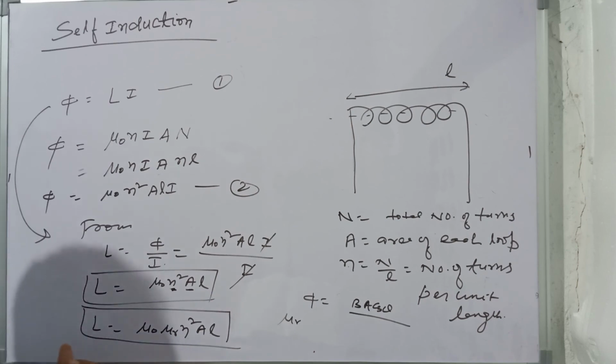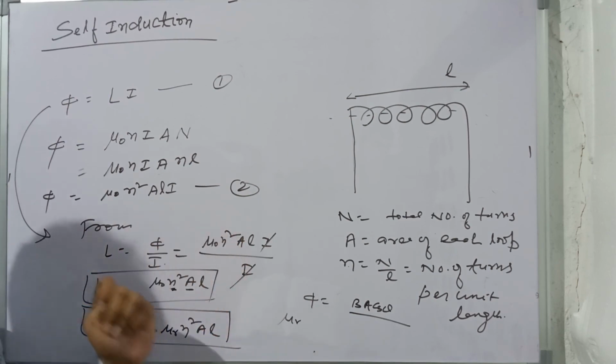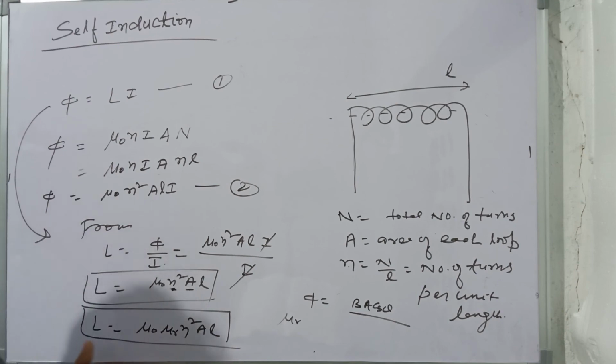The aim was to get the value of L for a solenoid, and I have already said that L will depend on the geometry of the solenoid. So you can see here, this is the permeability of the vacuum, this is the permeability of the medium, the number of turns per unit length, the area of the loop, and l is the length of the coil. So it completely depends on the geometry of the solenoid.